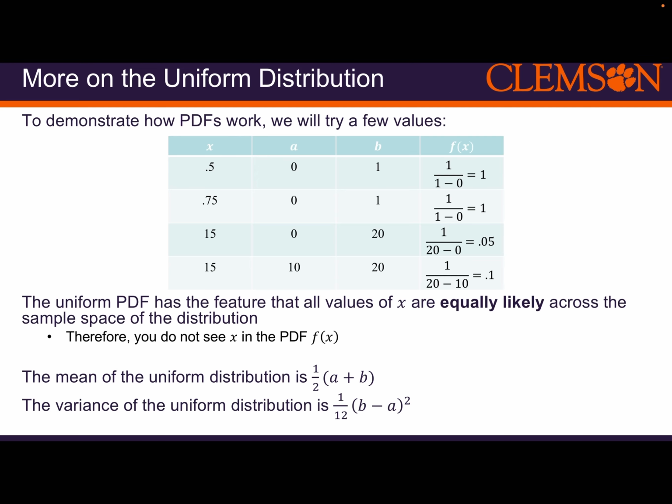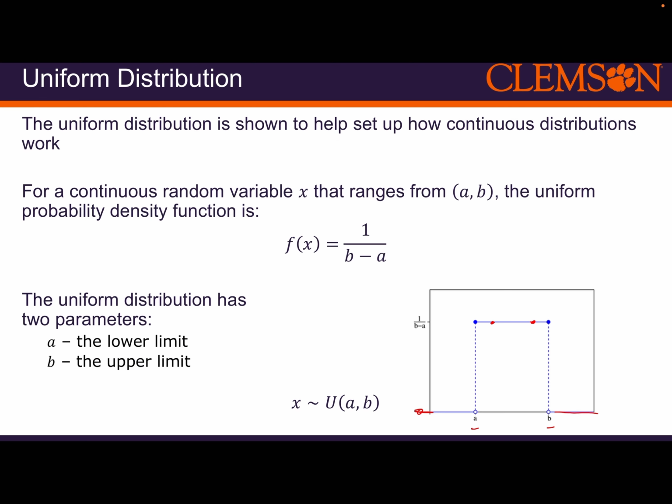Right? So if we plug in x of 0.5, you see in the PDF of the uniform, x does not appear on the right-hand side. It's just this flat line right here. Further, if you think about the area of a rectangle, it's the length times the width, right? Well, here, what is the length? It's b minus a.